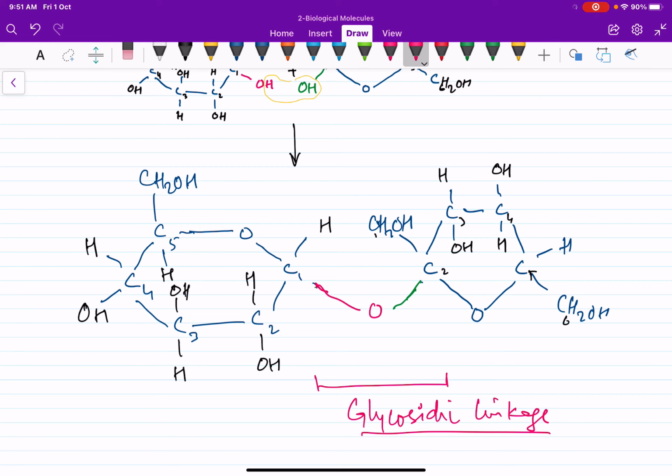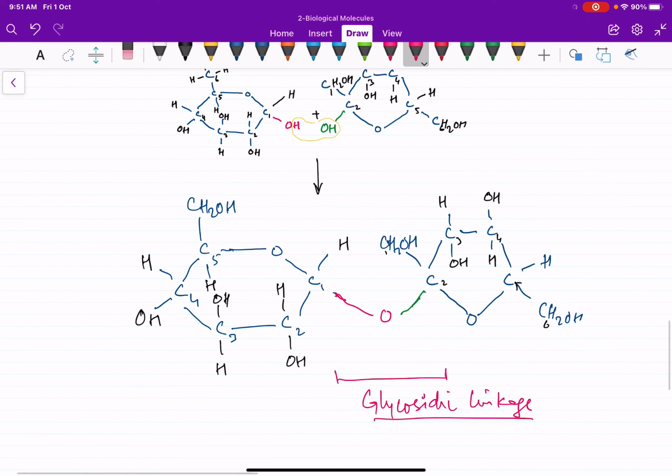Okay. The name or IUPAC name of this glycosidic linkage is not in our syllabus. However, it would be alpha gluco 1 and beta fructo 2 glycosidic linkage.